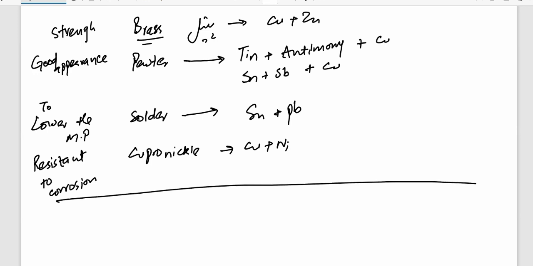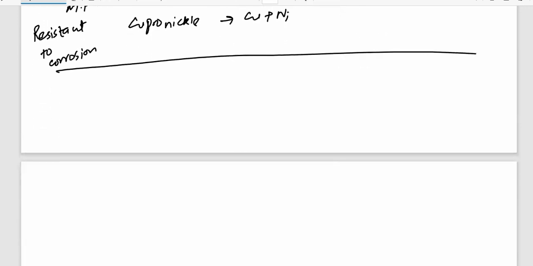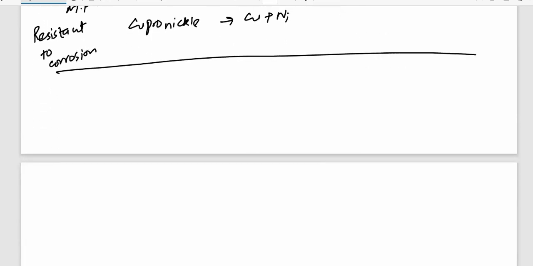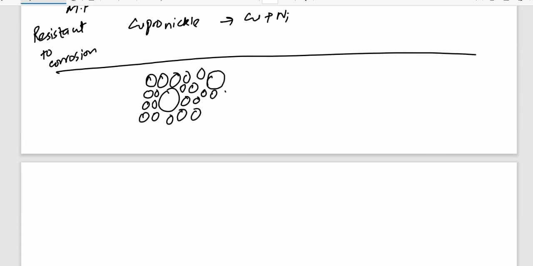So what happens when atoms of different sizes combine? You can see the atoms are different sizes like this. Sorry, I'm trying to make one larger and the other of the same size, but my drawing is not good. So you can understand that there are two types of metals.